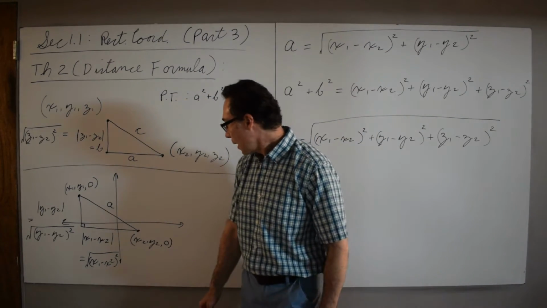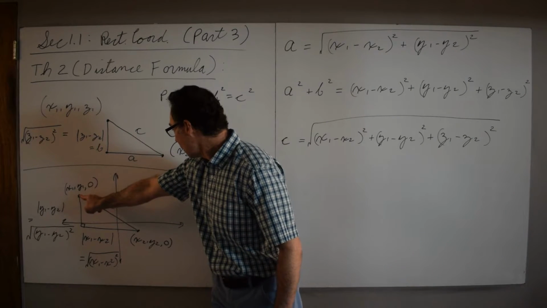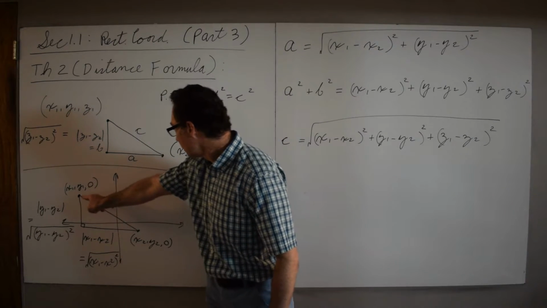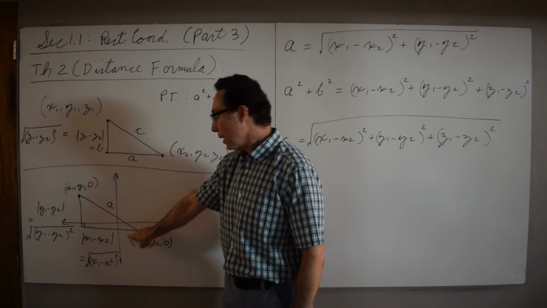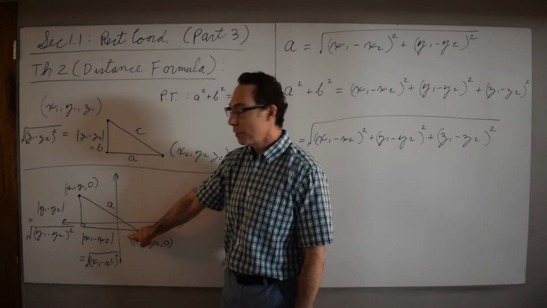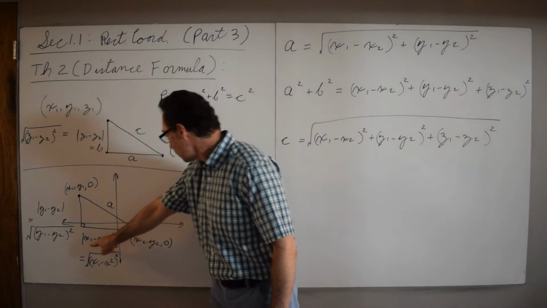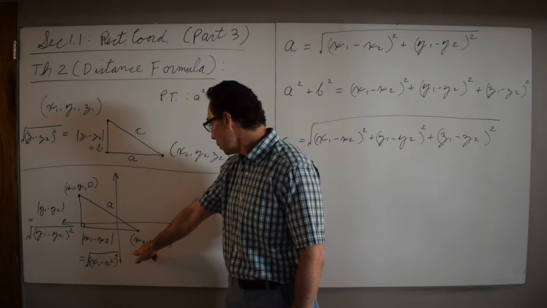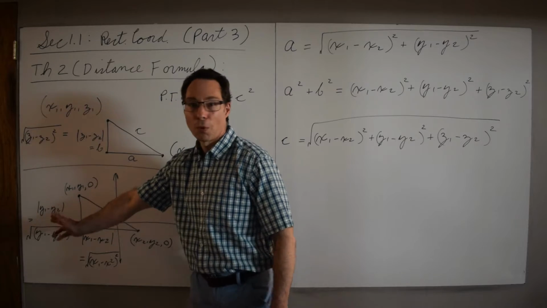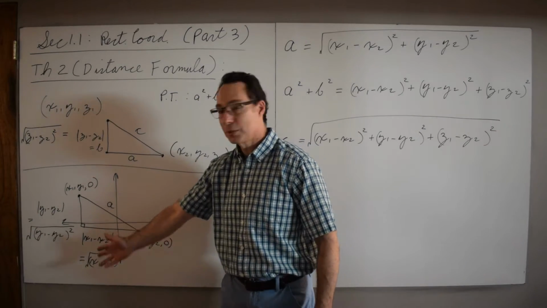And so again, we use the Pythagorean theorem. This time A is our hypotenuse along here. This distance here is simply x1 minus x2 or x2 minus x1, whichever is positive, so we just take the absolute value of x1 minus x2. The way I've drawn this picture, x2 is larger than x1, so this is really just x2 minus x1.